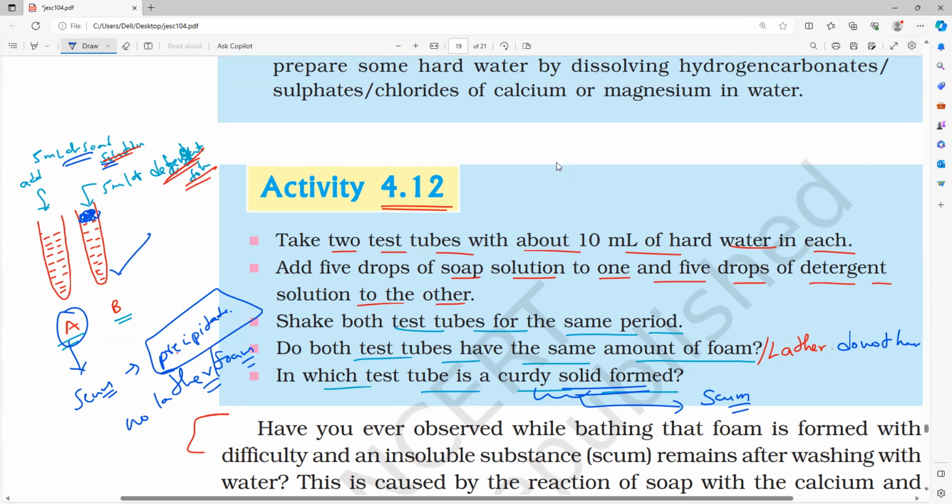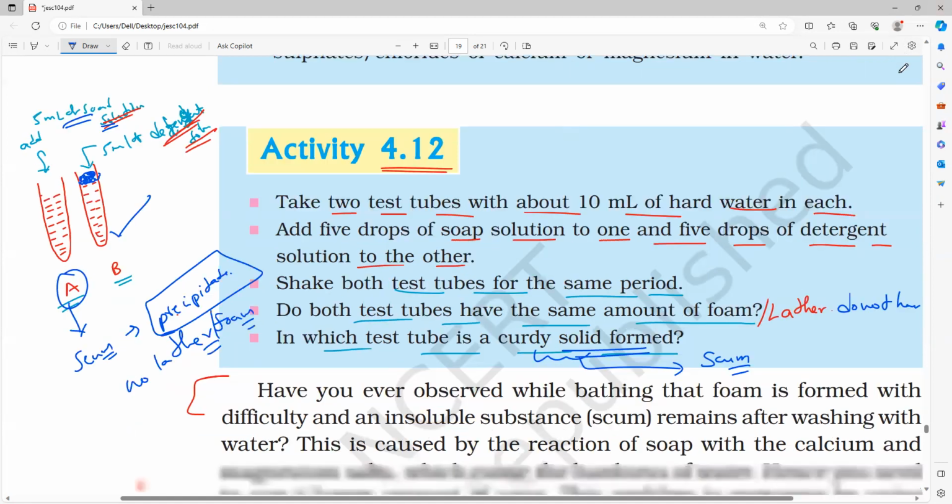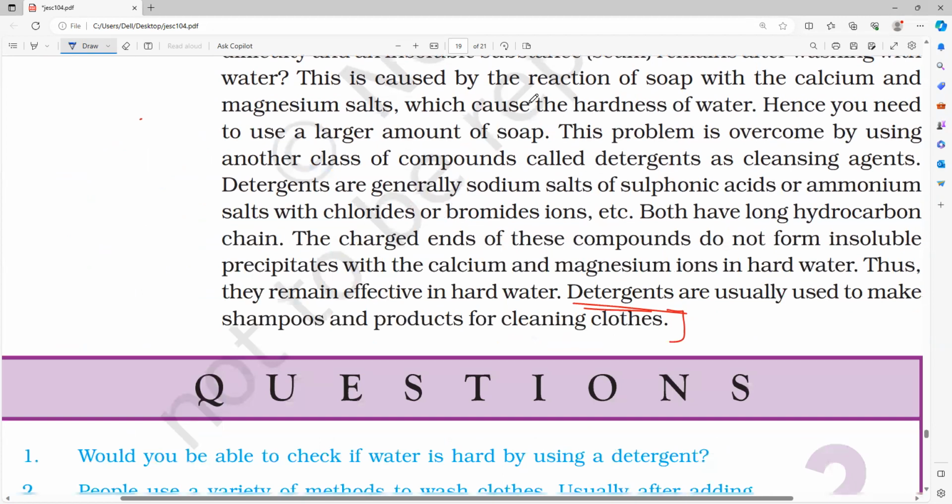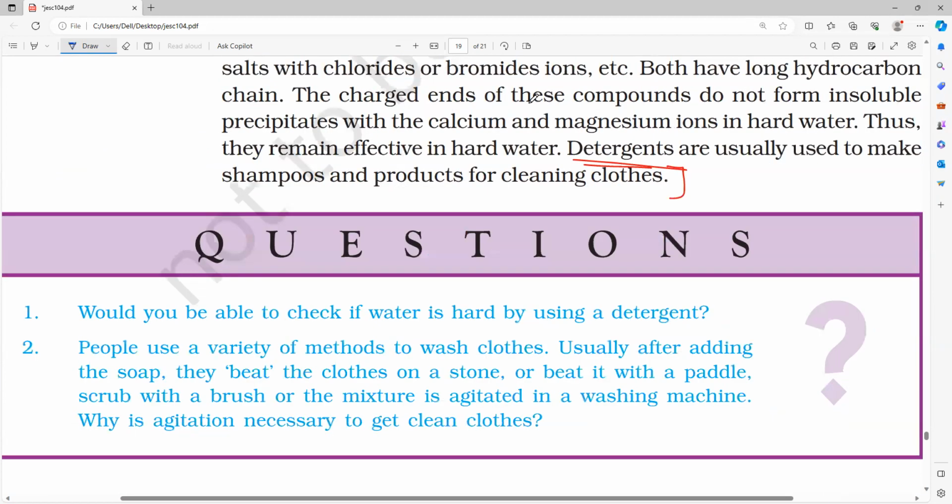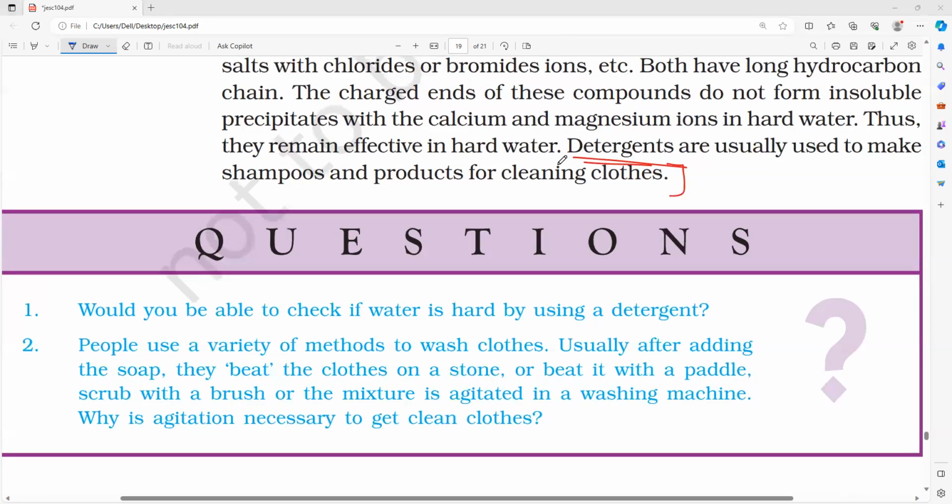So write the statement, all of you. Detergents are good and stronger cleansing agents as compared to soaps.